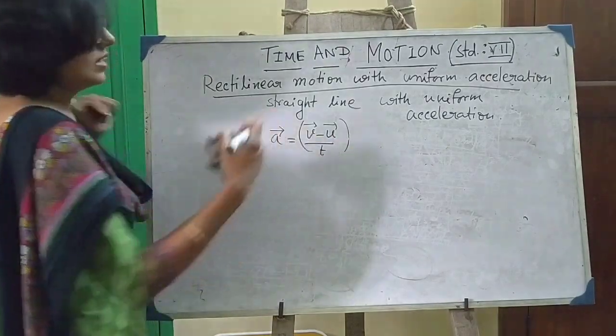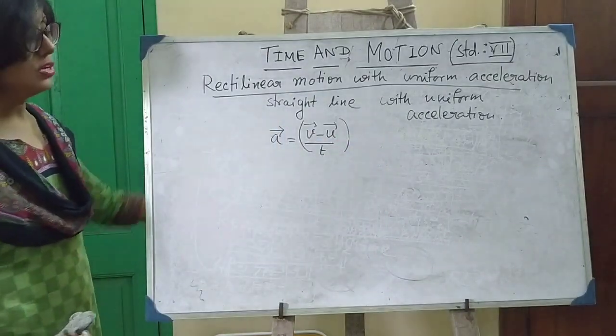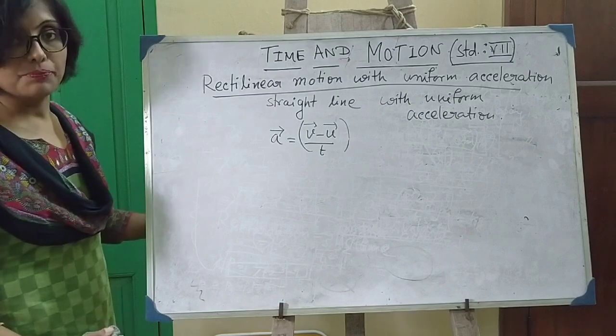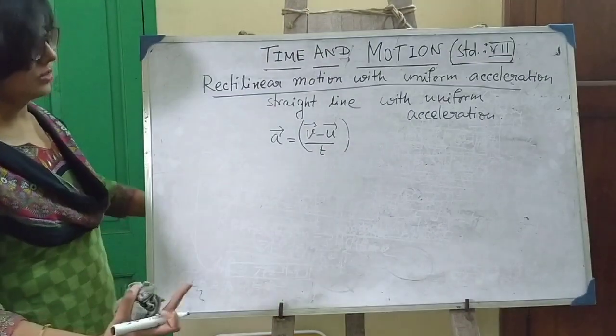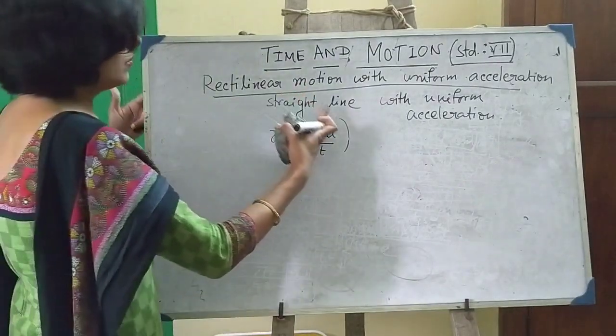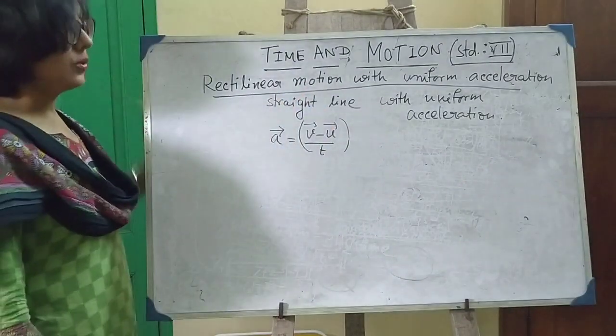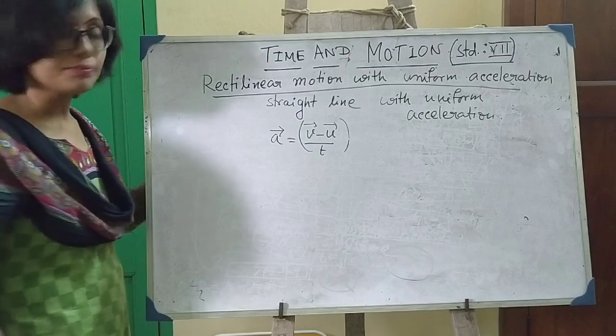V minus u divided by t, this ratio is constant with time. So what are the conditions of motion of the body? The body is moving in a straight line with uniform acceleration.